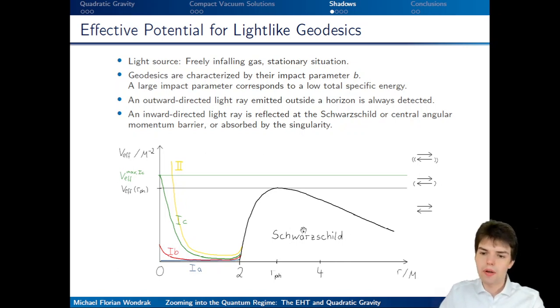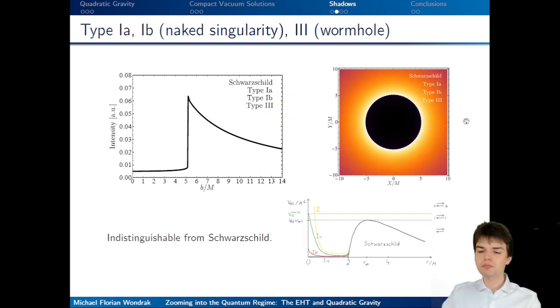So we have our Schwarzschild angular momentum barrier, and additionally with 1c we also have some central angular momentum barrier, which is even higher than Schwarzschild. There are also type 2 solutions where the effective potential actually diverges, has no finite value. And so these ingoing light rays will not be observed but reflected, and this will show in the pictures.